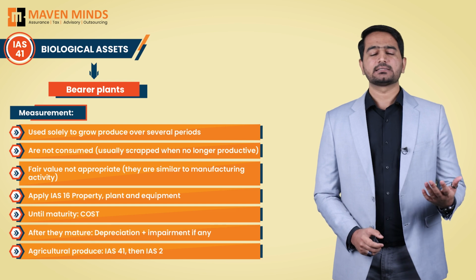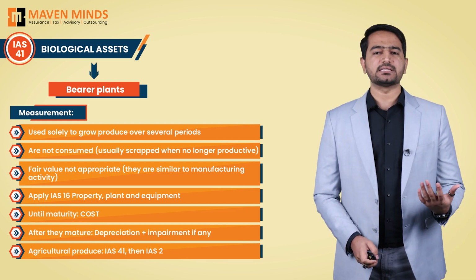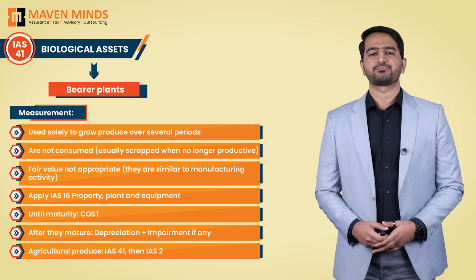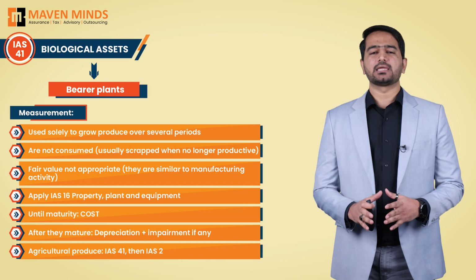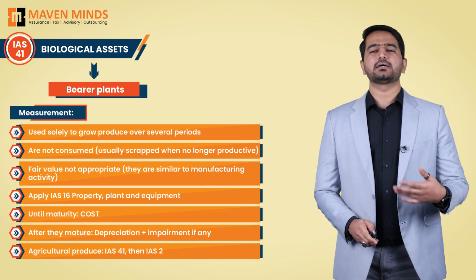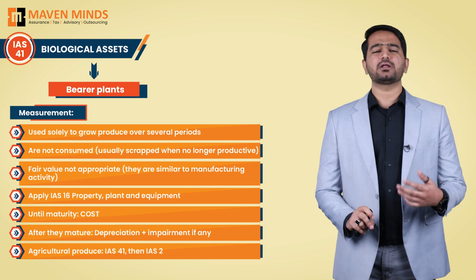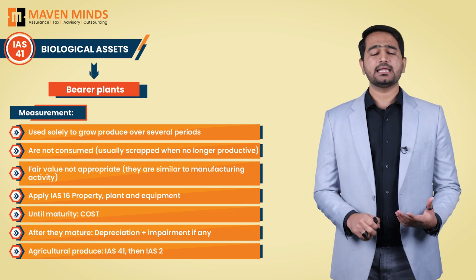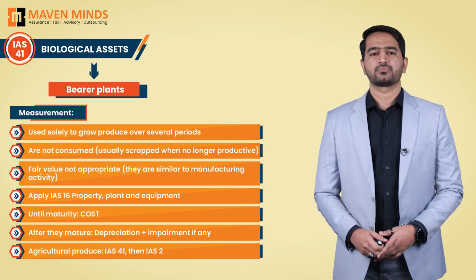And after that, the coconuts are transferred to IAS 2 inventories and are measured like any other inventory item. So to summarize, bearer plants are treated like property, plant and equipment under IAS 16 and their produce is accounted for under IAS 41 at the point of harvest and then under IAS 2 inventories afterward.